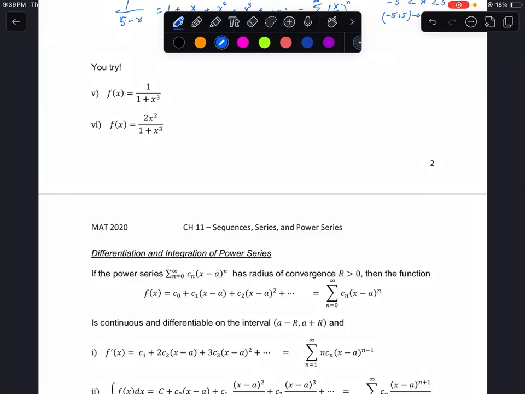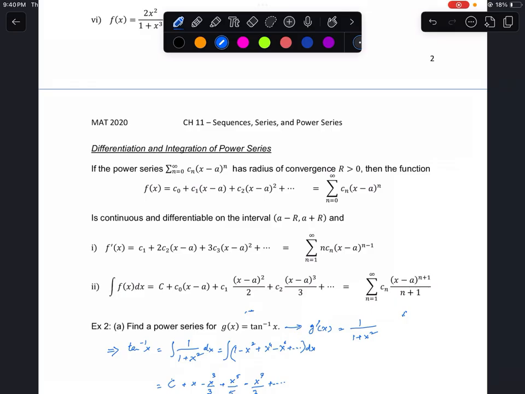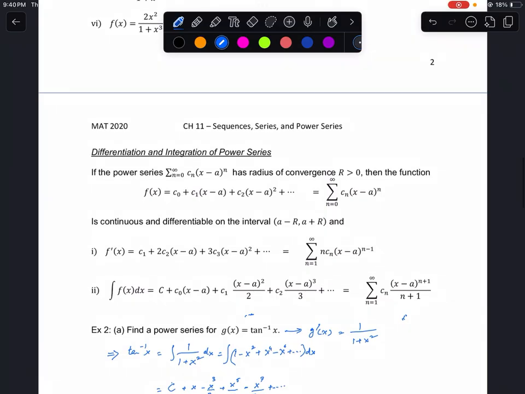So let's now look a little bit deeper into the power series and differentiation and integration of power series. So we have that if we have a power series, sigma n equals 0 to infinity, Cn times (x minus a) raised to the power n, and it has a radius of convergence which is positive, R greater than 0, then the function f of x equals, so let's expand it, because the differentiation and integration we are going to do term by term.